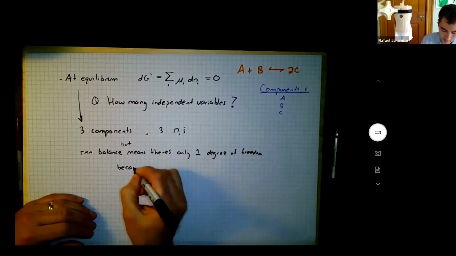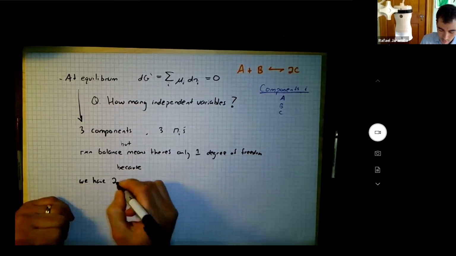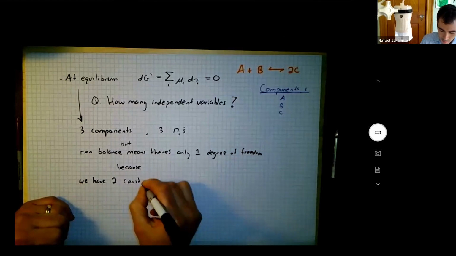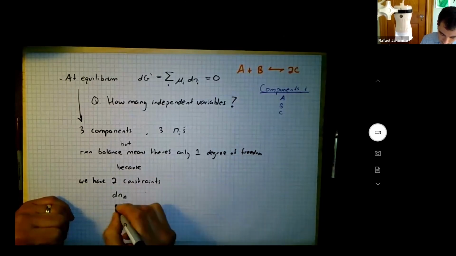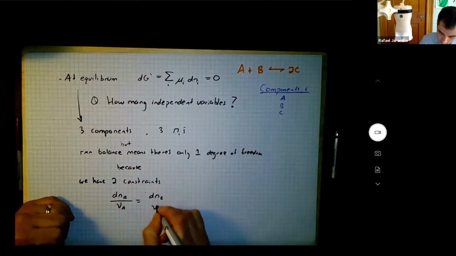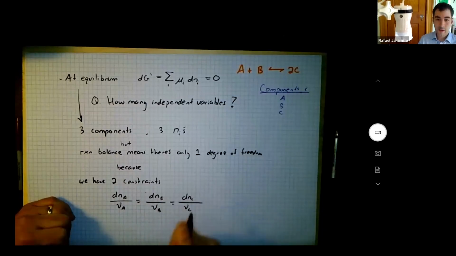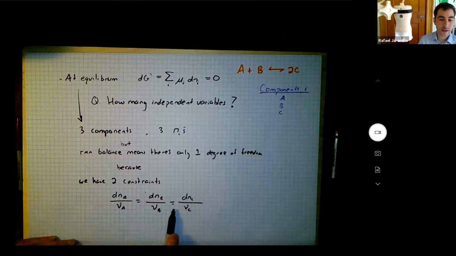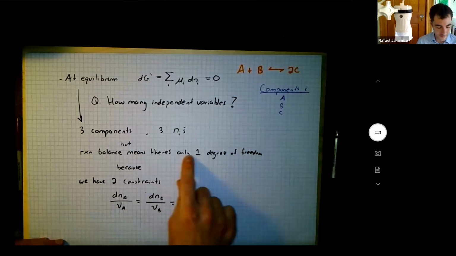Because we have 2 constraints. What are they? dn of A over nu of A equals dn of B over nu of B equals dn of C over nu of C. Remember this from last time? There's 2 independent equations in here. You can count the equal signs. There are 2 equal signs. So we have 3 components, but 2 constraints, which means there's only 1 degree of freedom.